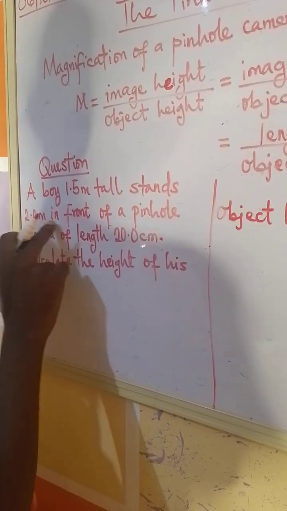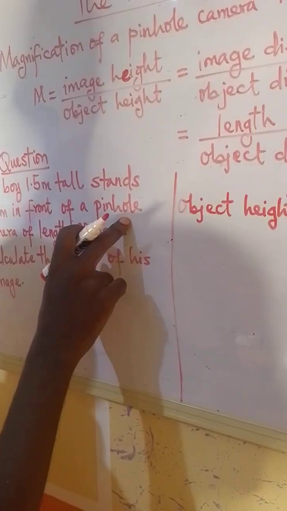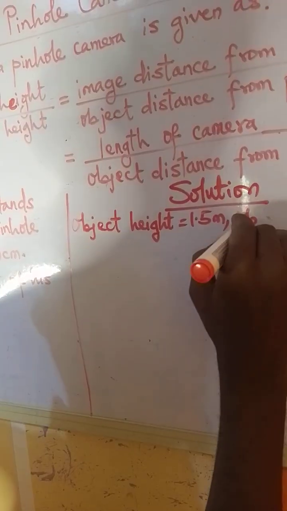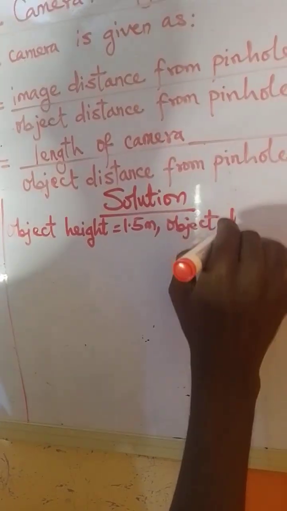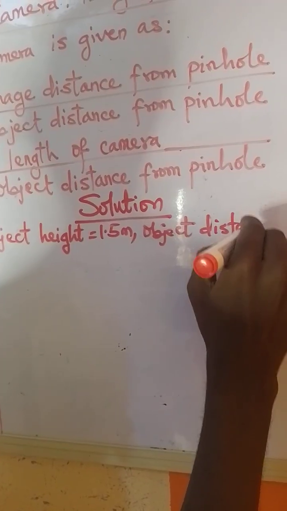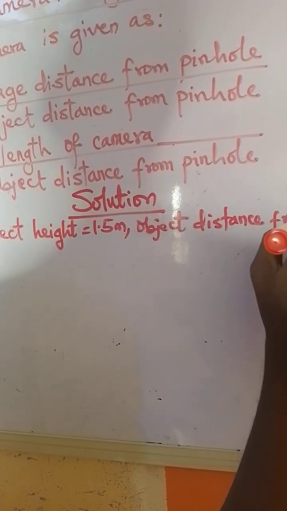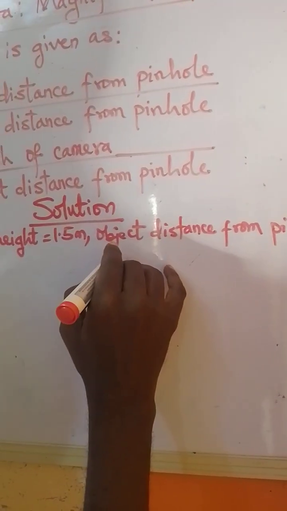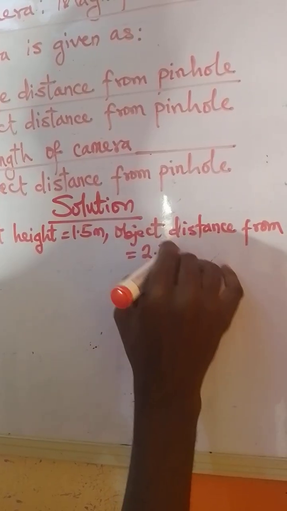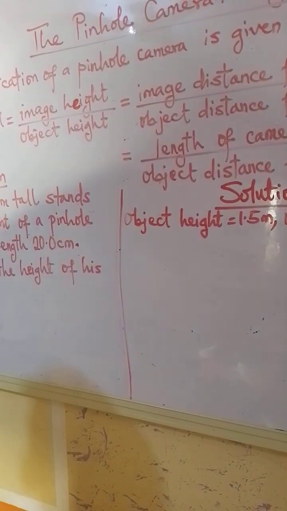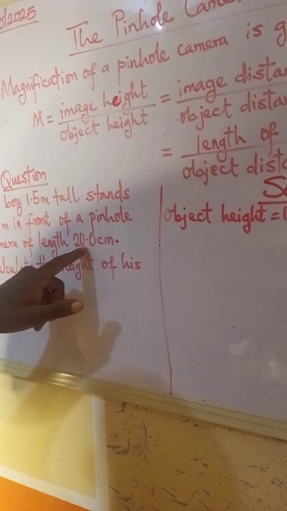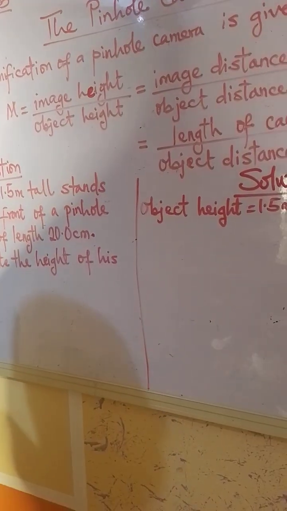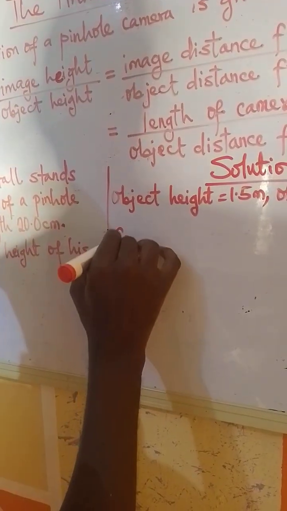He stands 2.0 meter in front of a pinhole, and that will be the object distance from the pinhole. Object distance from pinhole equals 2.0 meters. In front of a pinhole camera of length 20.0 centimeters. So the length of the camera itself is 20.0 centimeters. So, camera length.